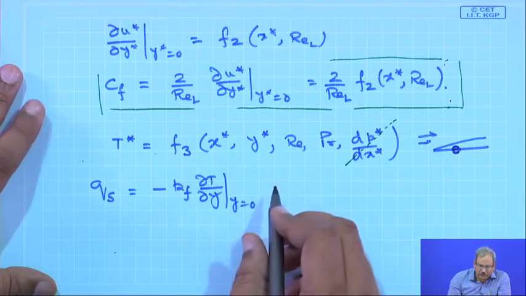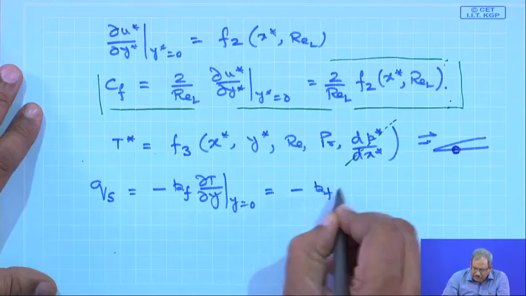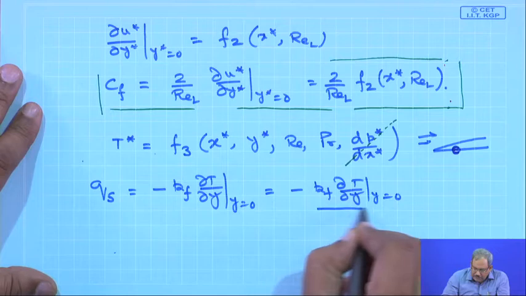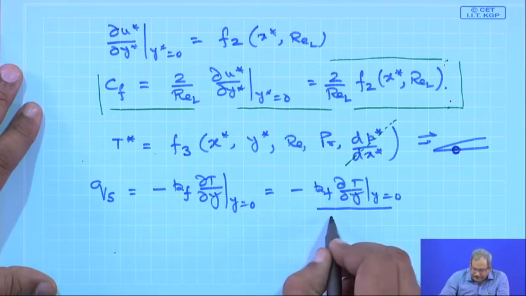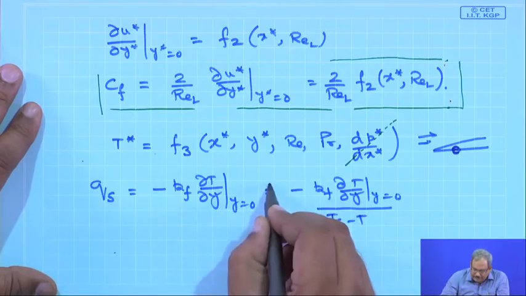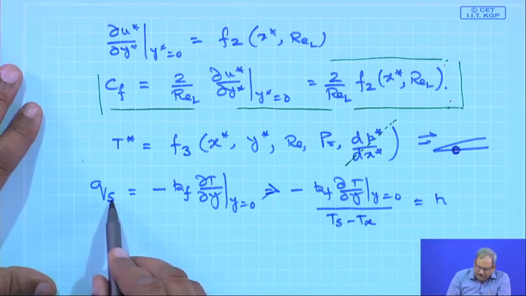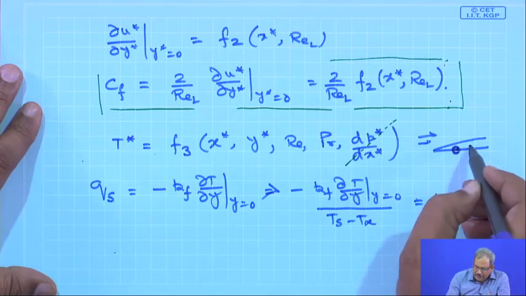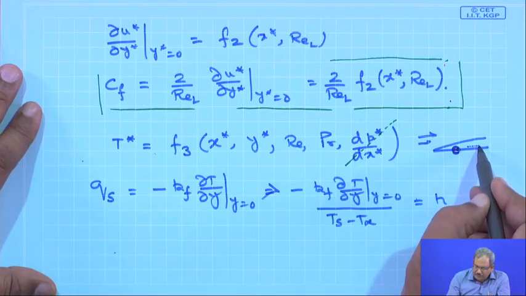That is the Fourier's law, which can be expressed as minus k_f ∂T/∂y at y = 0 divided by Ts minus T infinity, and this is going to be equal to h, because this is the equality of conduction and convection at the point where the liquid molecules, due to no slip, are stuck to the solid.